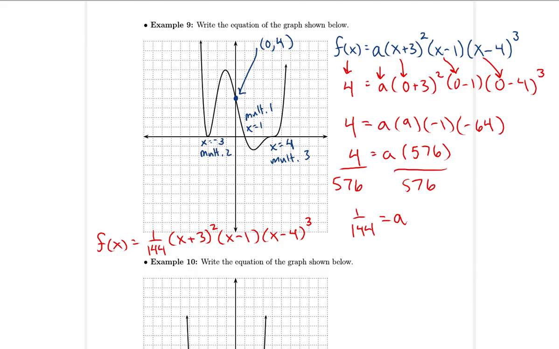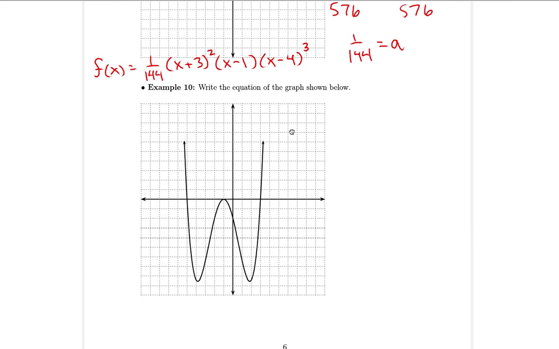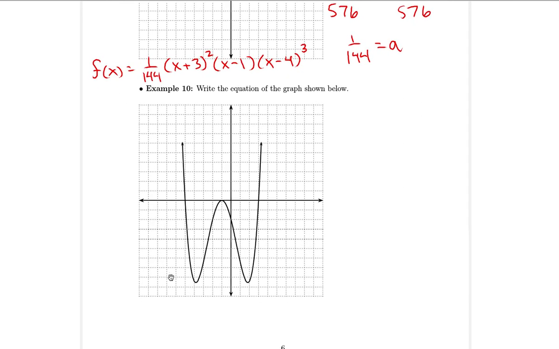All right, so one more to try out here. All right, so I'm looking at the zeros. So it looks like we have x equals, what is that? Negative 5 with a multiplicity of 1. x equals 3 with a multiplicity of 1. And then here, x equals negative 1 with a multiplicity of 2.